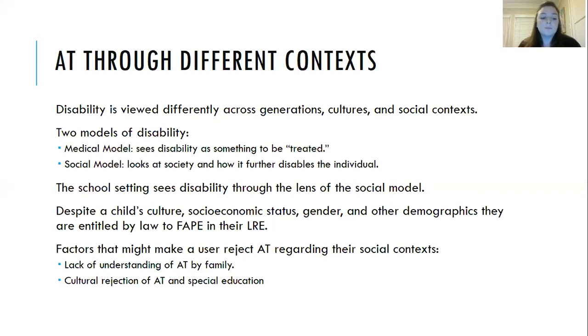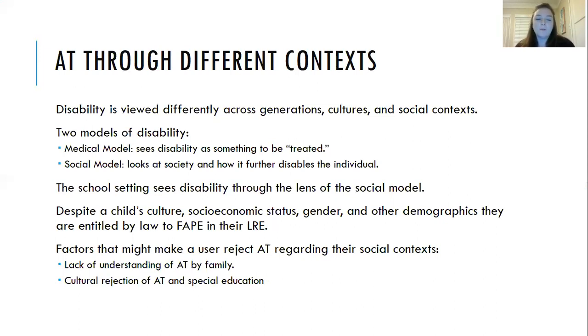So factors that might make an AT user reject their AT would be lack of understanding of the AT by their family, or cultural rejection of AT. We see a lot in the research that there are a lot of cultures out there who unfortunately view disability as something sinful, and so they kind of just throw it under the rug and try not to address it.